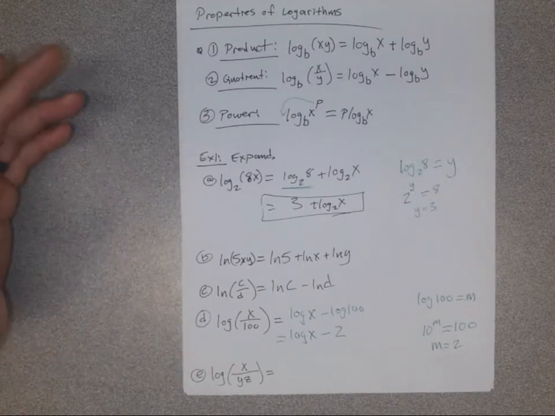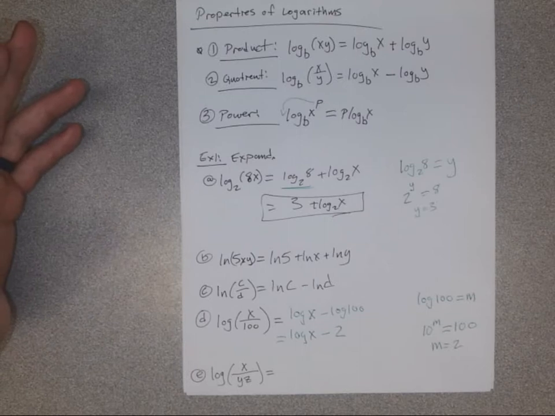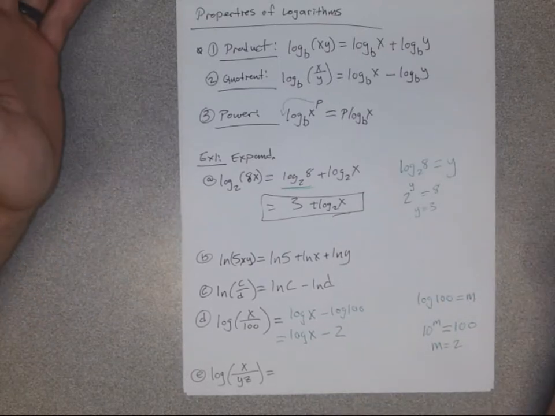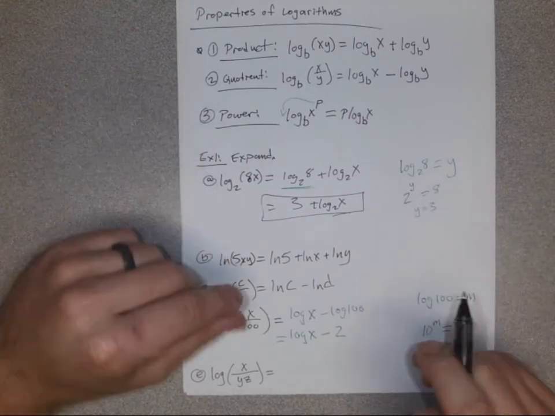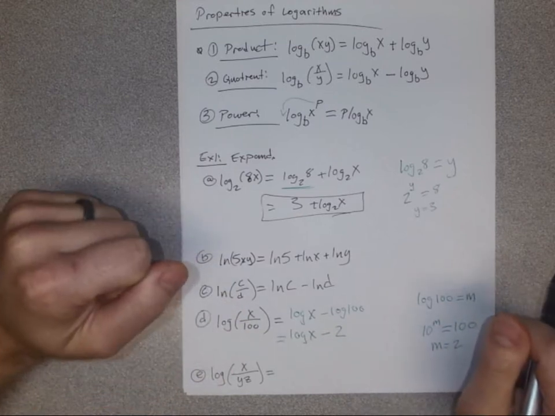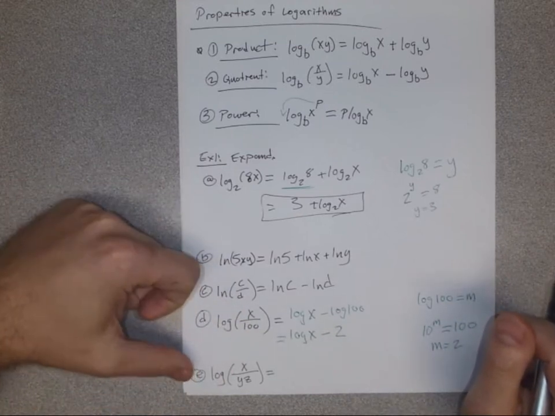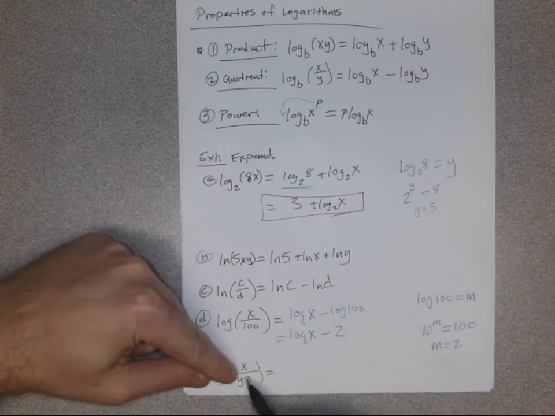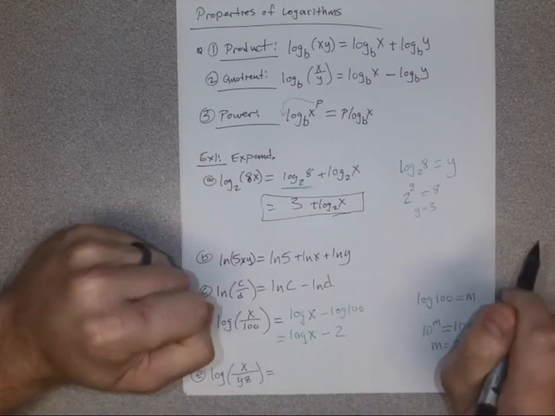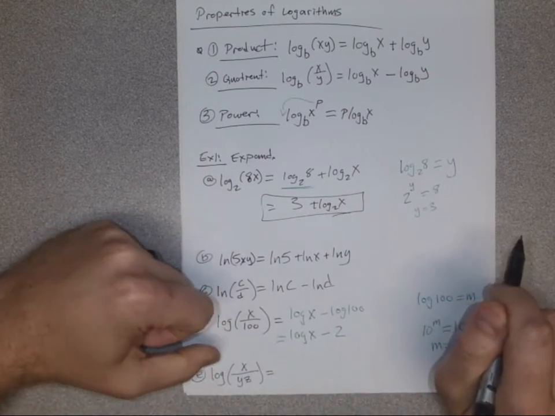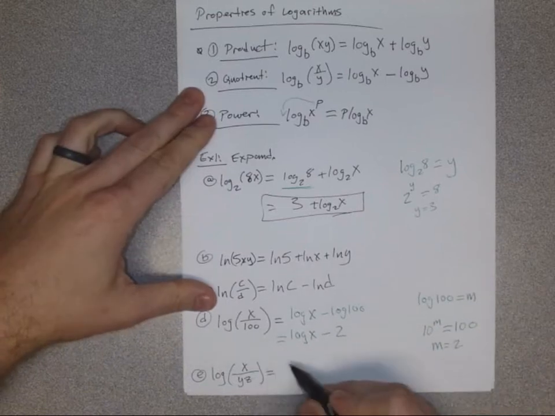So typically when you're expanding these problems out, you typically want to start with doing the quotient rule before you do the product. So here, go ahead and break these out into two logs using the quotient. So it's the top minus the bottom.